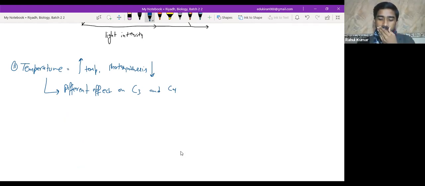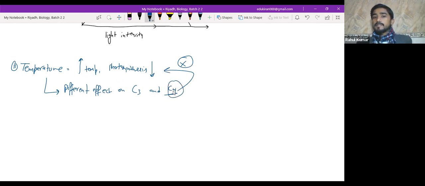So write down, C4 plants can respond to higher temperatures and can still maintain high rates of photosynthesis. For C4 plants, this thing does not happen, correct?